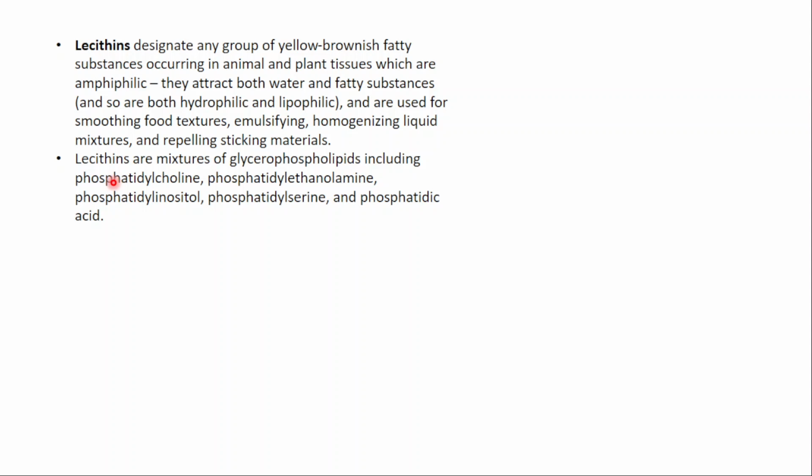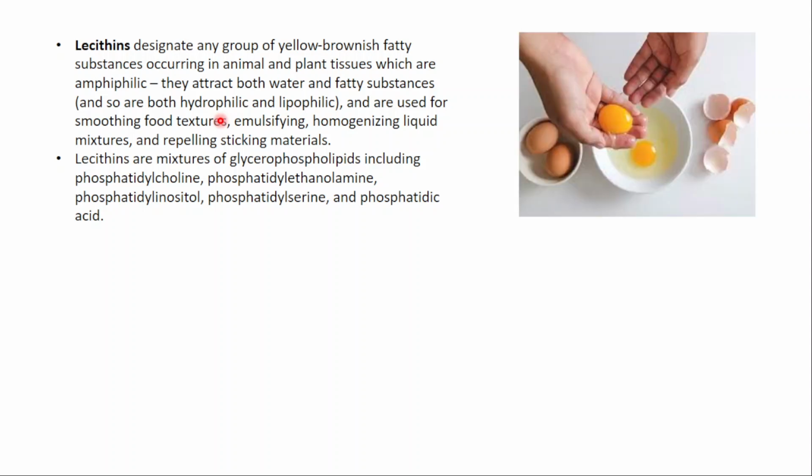In animal cells and in plant cells, we have such amphiphilic molecules in the form of a lipid bilayer. These are all lipids which form the cellular membrane or phospholipid bilayer. Lecithins are also made up of those phospholipids and can be amphiphilic in nature.